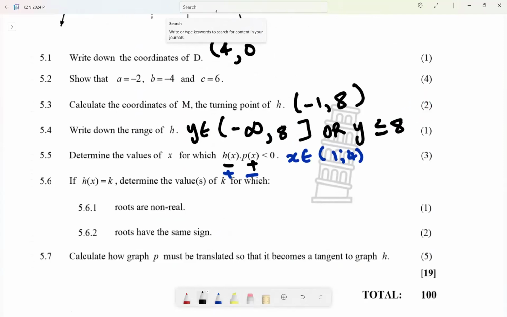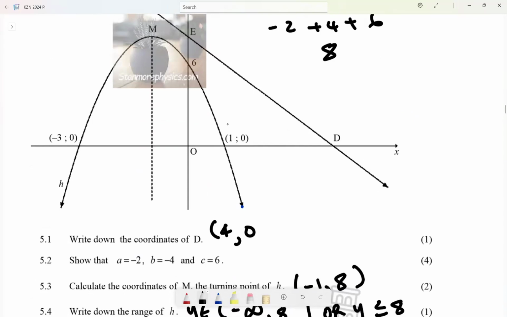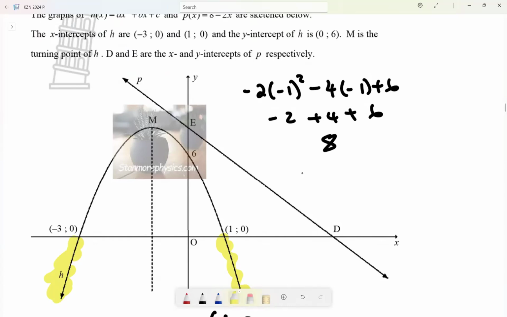We were still discussing this part, right? 5.5. Determine the values of x for which h of x times p of x is less than 0. Now remember, I'll go back. Where is it negative? We said this one is negative, and this one is positive from here.